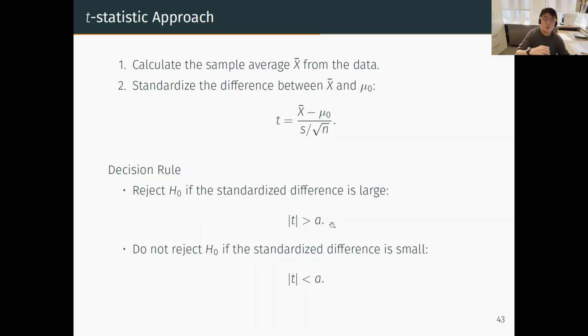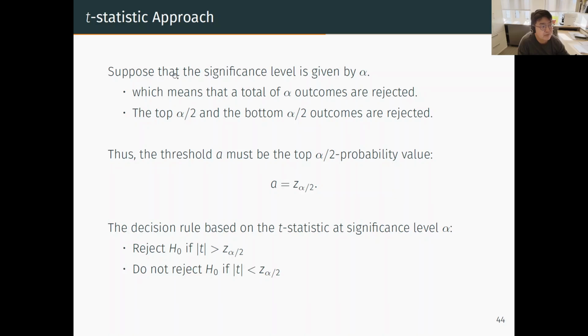Earlier in the p-value approach, we followed 3 steps and then compared with alpha. But now we skip the third step and finish our calculation at the second step. Then we have to bring alpha back up to compare with the t-statistic. So this A will be calculated based on the significance level alpha.